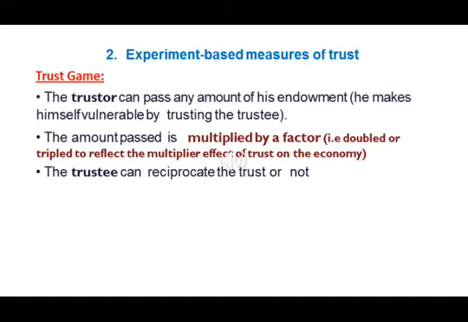That's why the trust game has to reflect this importance of trusting others by multiplying the amount of money sent by the trustor to the trustee by a certain factor in order to reflect this importance of trust on the economy. The trustee, the other person, can then reciprocate the trust or not. Let's look at the instructions in the next slide in order to better understand what we mean by the trust game.